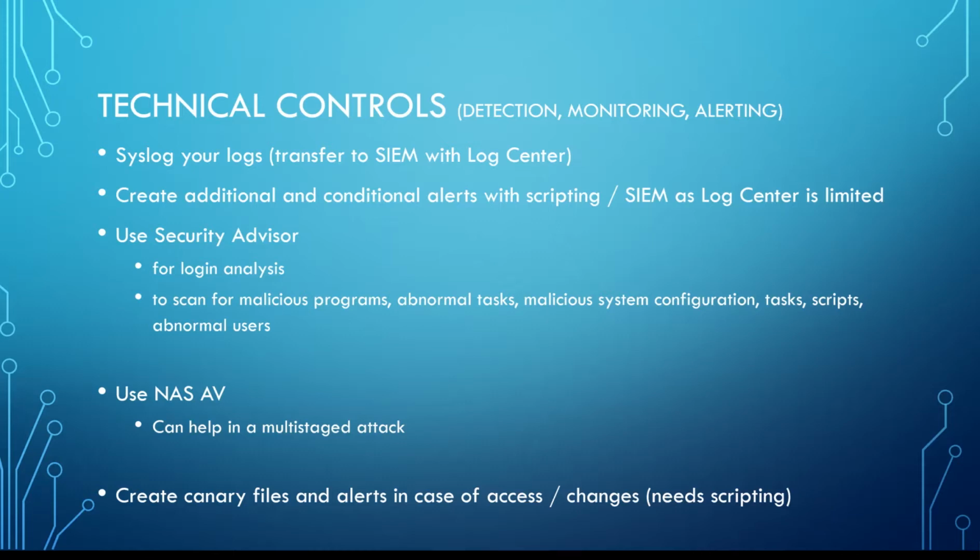And you can also use the antivirus of the NAS, which can help in some cases, especially in a multi-staged attack. So if it's someone compromising your system, putting some malicious script or malicious files, but it's not yet the ransomware, because this is just a piece of malware that is waiting for the command of the hacker.